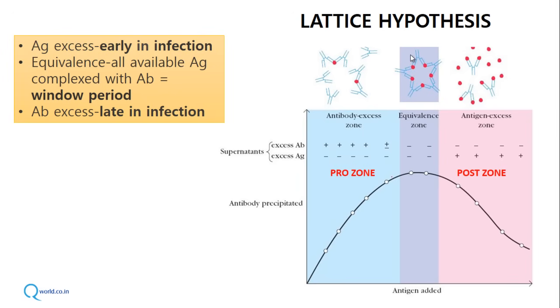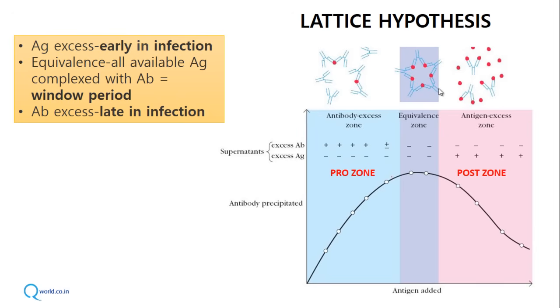This phenomenon is usually seen in natural infection also. Whenever a microorganism enters and creates an infection, in the early part of infection we have antigen excess. Then during the window period we have almost the zone of equivalence, that is, all available antigens can be complexed with the newly forming antibody.